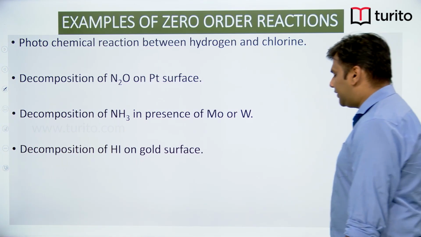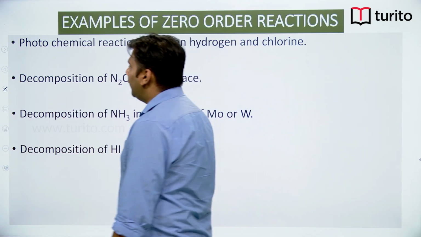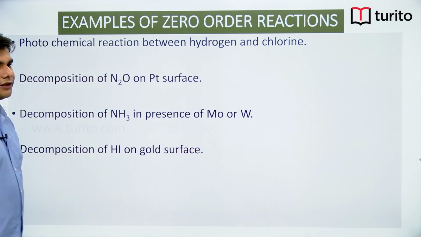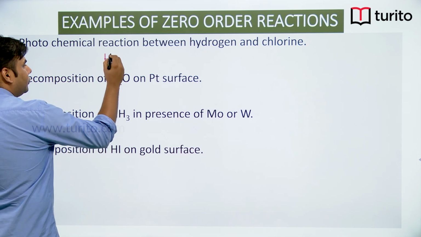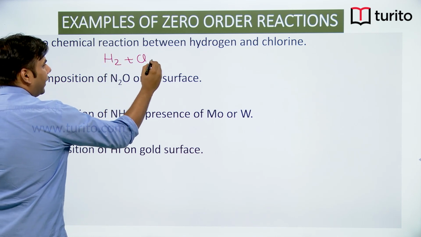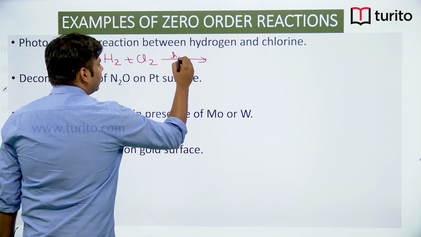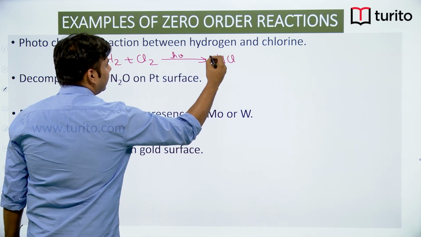Let us take some examples of zero order reactions. A very common example is a photochemical reaction. Whenever you see photochemical reactions, they are usually zero order. If you combine H2 and Cl2 in light, we get HCl.